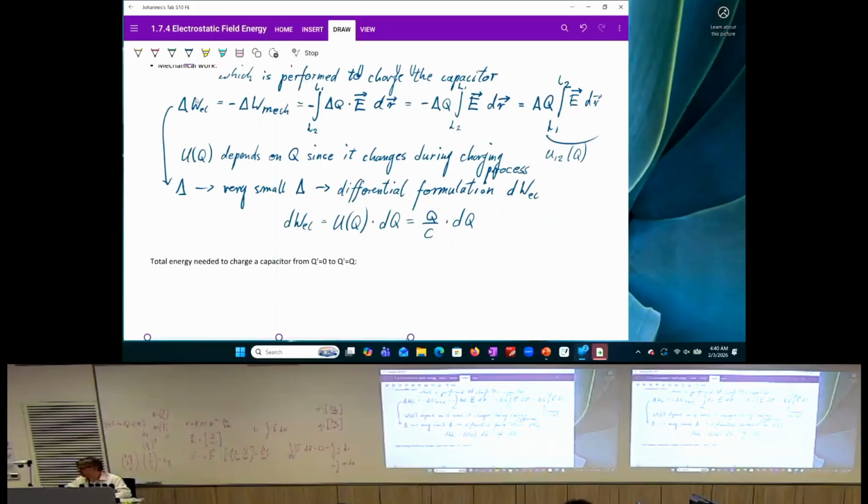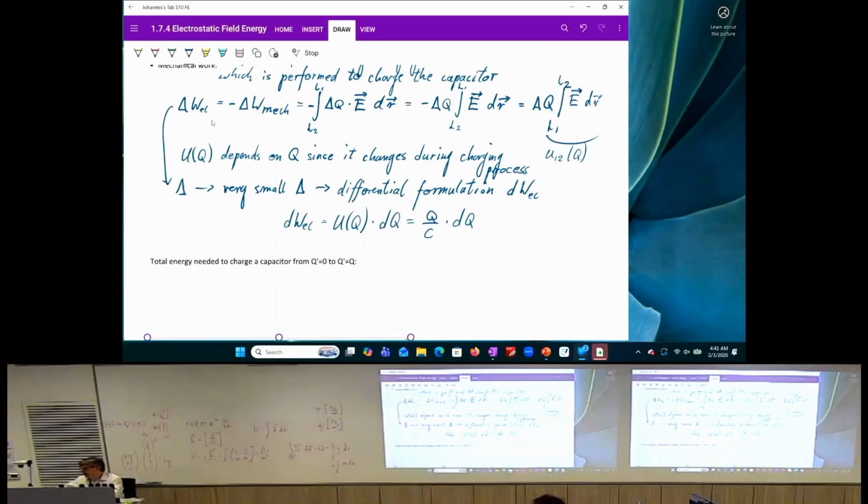So you appreciate the step of how we started out. We said we take a small amount of charge that we move from one conductor to the other conductor. That requires a small amount of mechanical energy to put in, because we have to drag the charge and move it over to the other conductor.